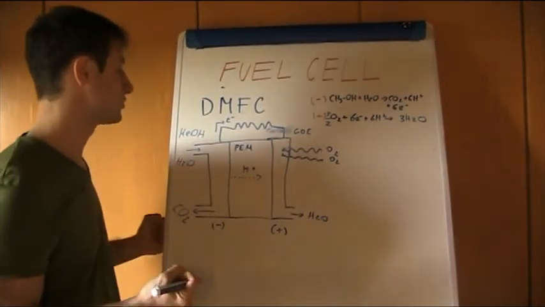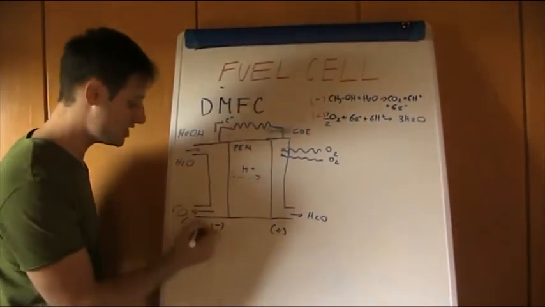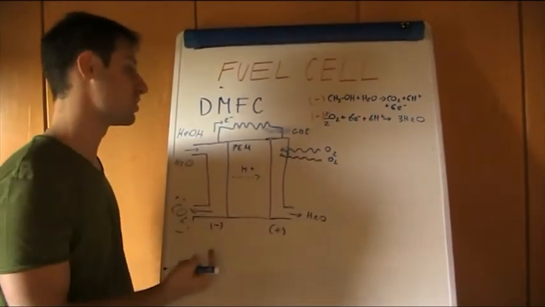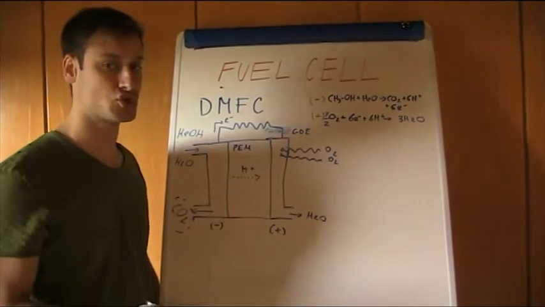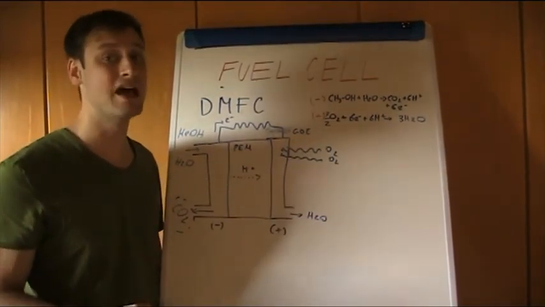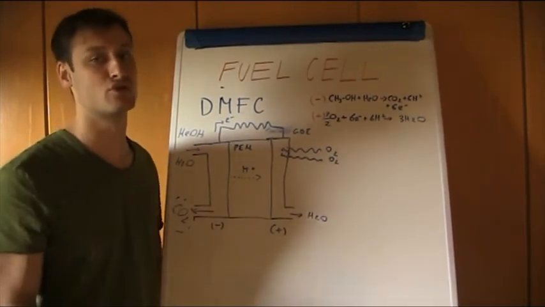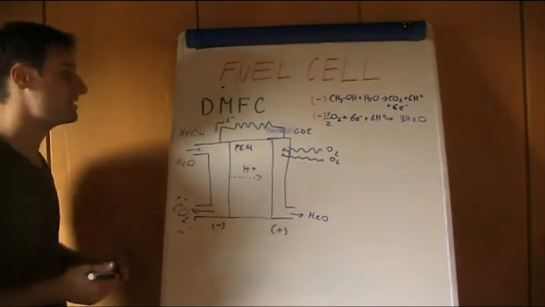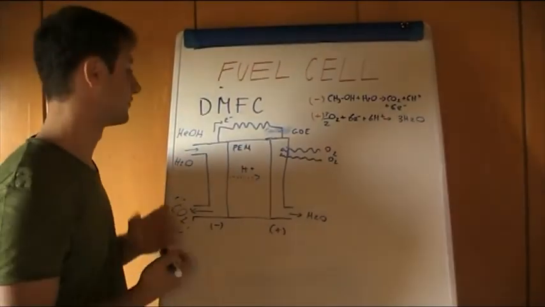Since here the CO2 is a real product of the reaction, we can have a lot of CO2 close to the surface of these platinum particles, so it's important to introduce also rhodium in order to avoid this type of poisoning effect. And basically this is it for direct methanol fuel cells.